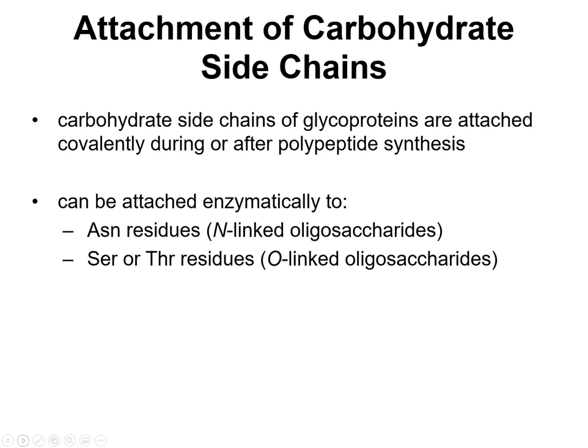These carbohydrates are attached covalently either during or after polypeptide synthesis, and they can be attached enzymatically to asparagine residues, which are called N-linked oligosaccharides, or they can be attached to serine or threonine residues that have the hydroxyl at the end, and those are O-linked oligosaccharides.